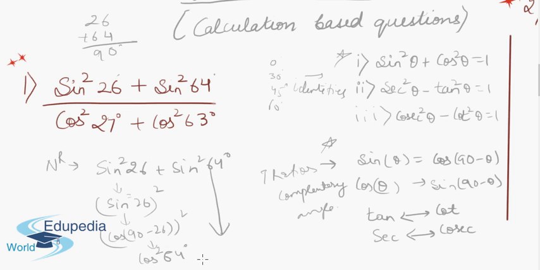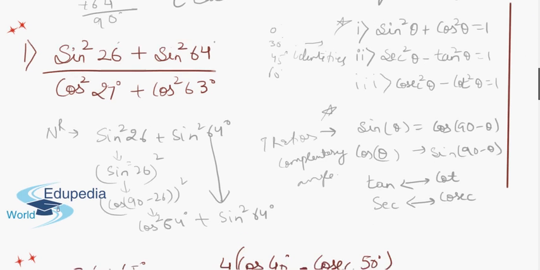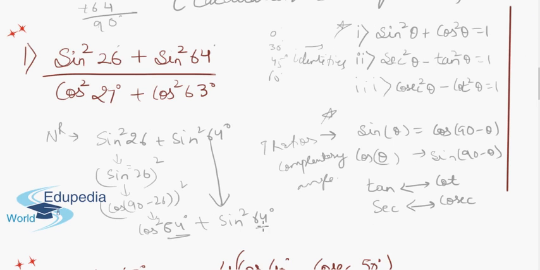So we are left with sine square 64 degree and cos square 64 degree. That is, the angle has become the same. Now check the identity which says sine square of the angle and cos square of the same angle is 1. So by the first identity, this part has become 1. That is, the numerator is 1.